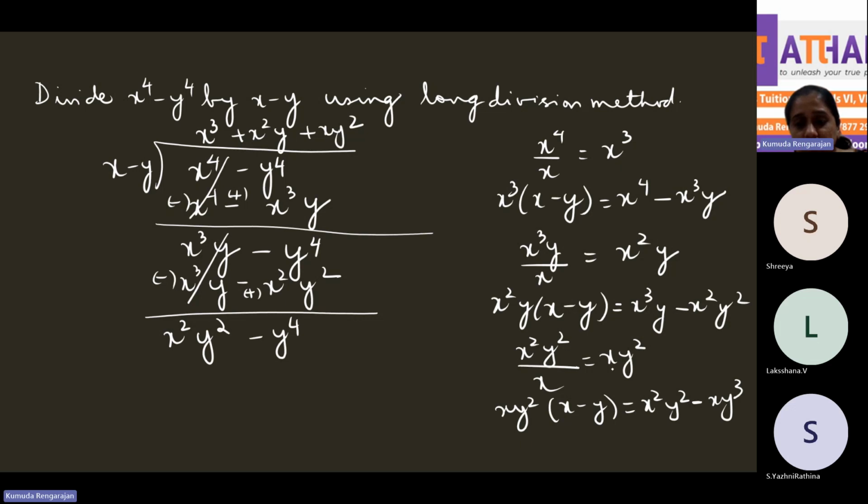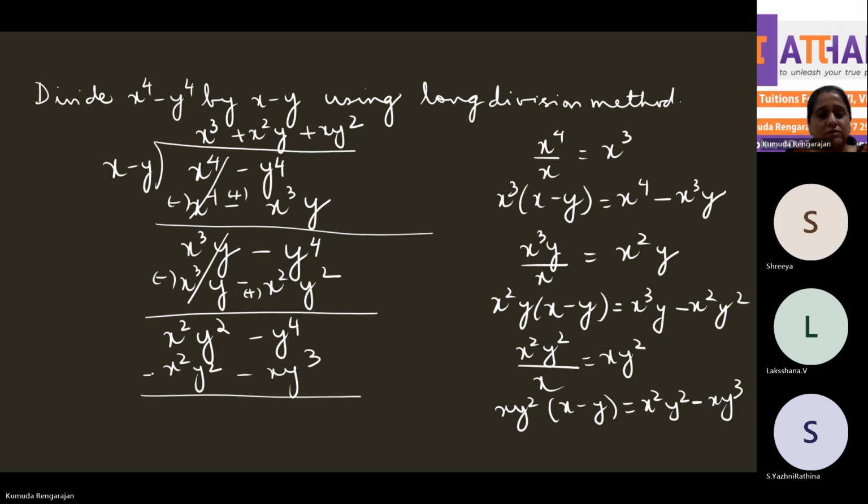I've made some division mistake. Okay, now we have written the third term in the quotient. Now write this product here. X square y square minus xy cubed.